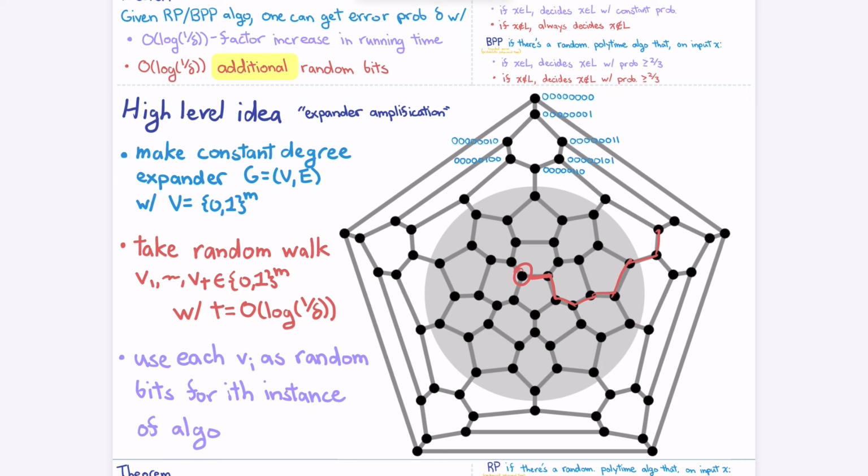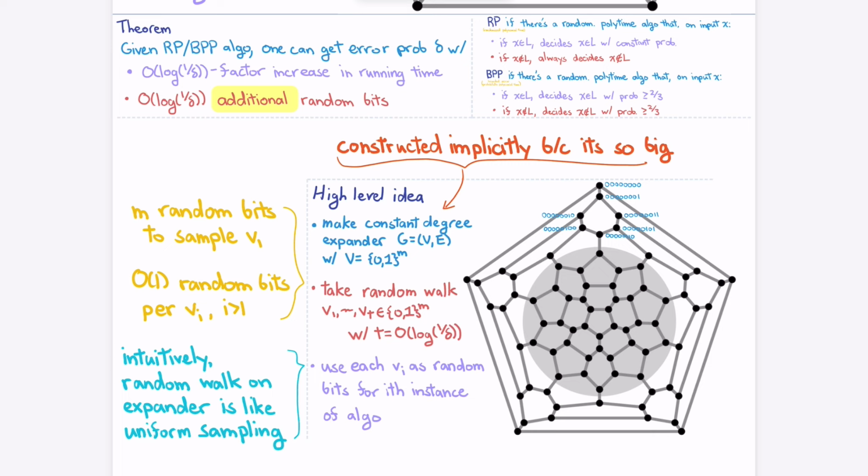So the intuition is that this random walk on an expander, although far from actually being a uniformly random thing in implementation, will still act like a uniformly random sample each time for the sake of amplifying error.